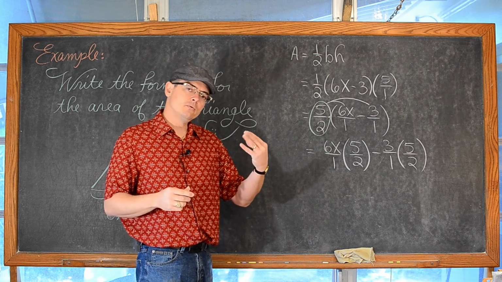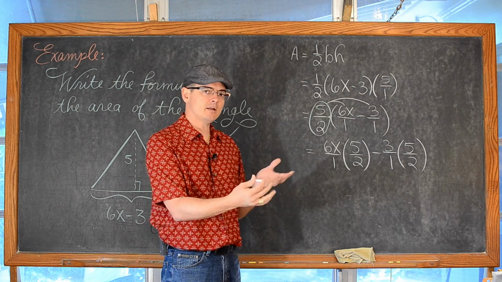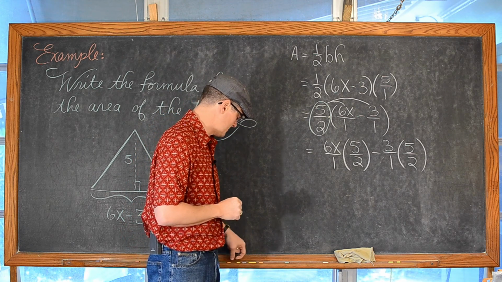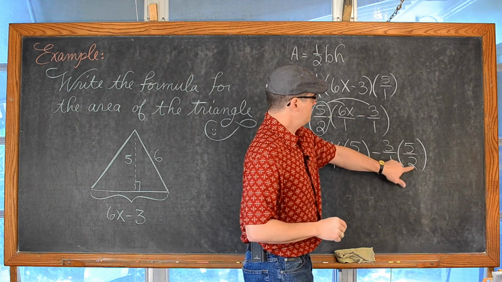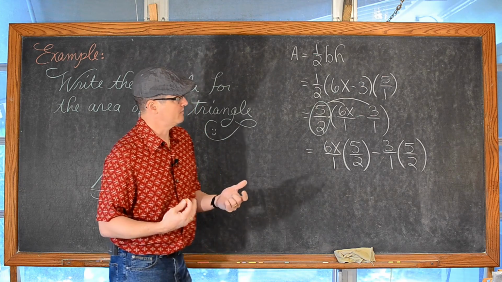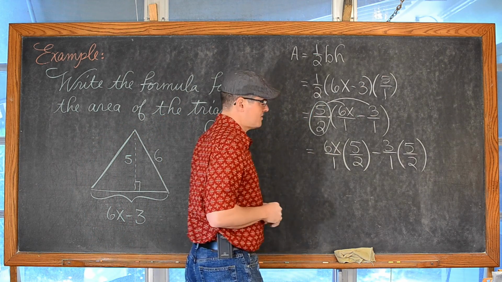I like to, especially since I'm doing this without the aid of a calculator in front of you, do any kind of cancellation opportunities I have before I do the multiplication. It keeps the numbers smaller. And the 2 and the 3 and the 1 and the 5 don't share any common factors that are going to be helpful except for 1, which dividing by 1 does not change the value, so it's not very helpful.